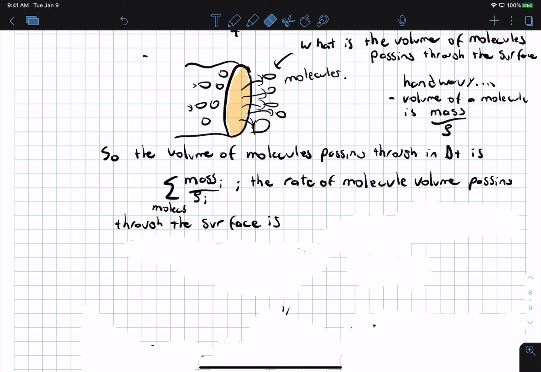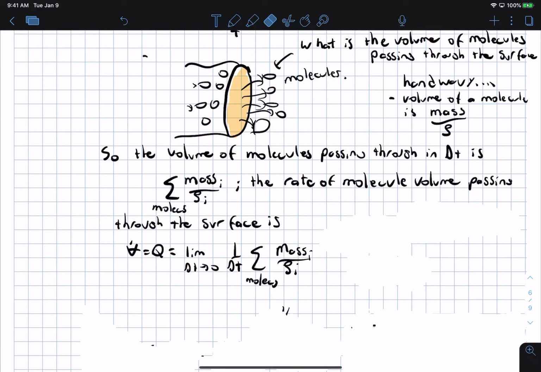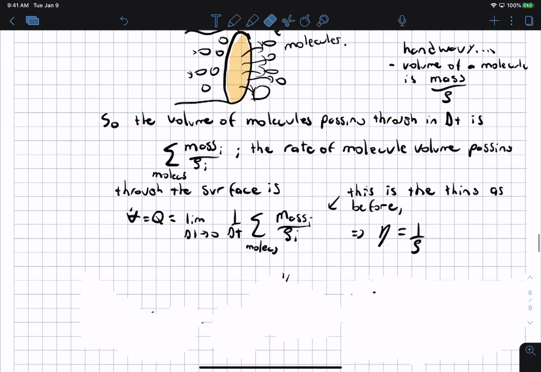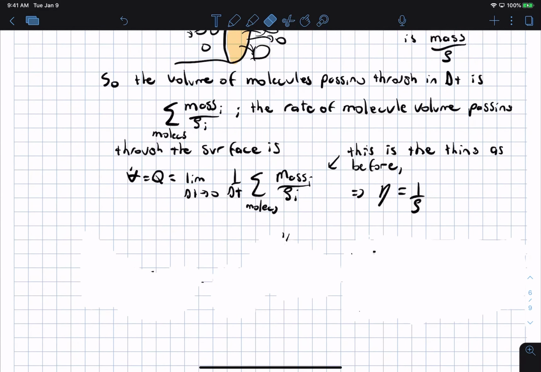And so we find that V dot, or Q, the volumetric flow rate, is equal to the limit as delta t approaches 0 of 1 over delta t times the sum of the mass of all the molecules divided by the density. And this is the same thing as before. You can see that we are dividing by density, so you can use the exact same formula that we had before with eta equal to 1 over rho.